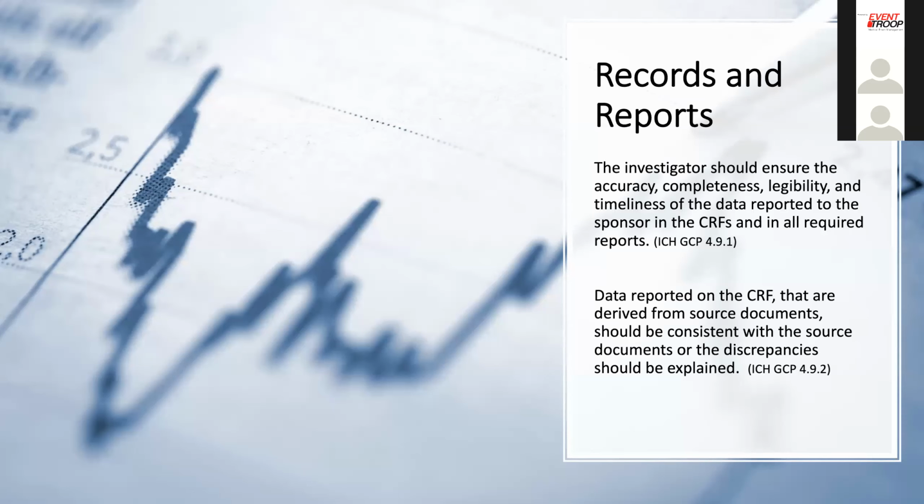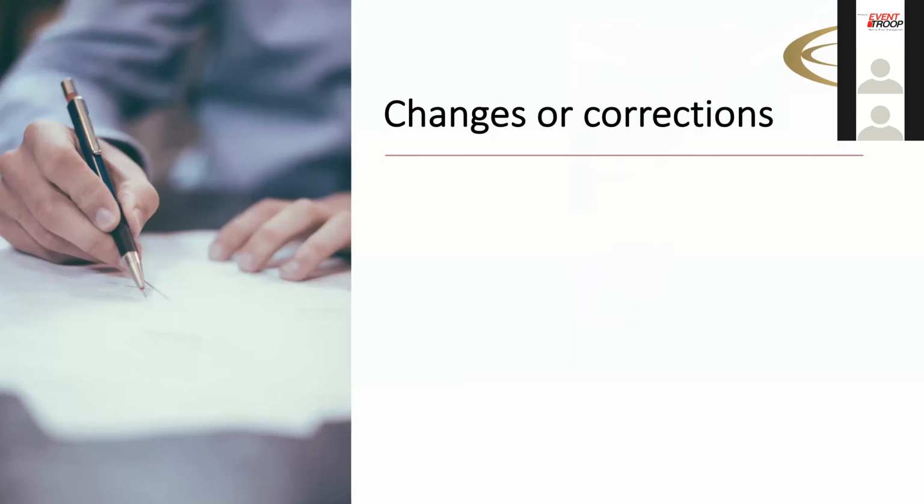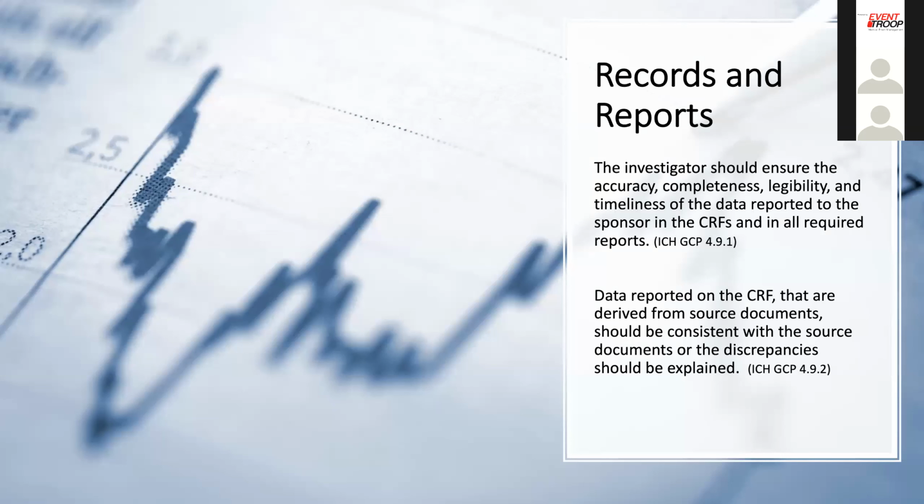As you're seeing patients, you're documenting their history, the assessments, the procedures, everything in the medical records. You then have to transcribe this information into the case report form, the data capture tool. So the data in the CRF should be consistent with the source data.